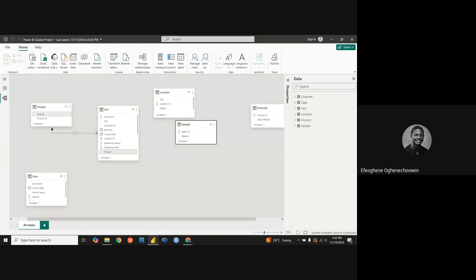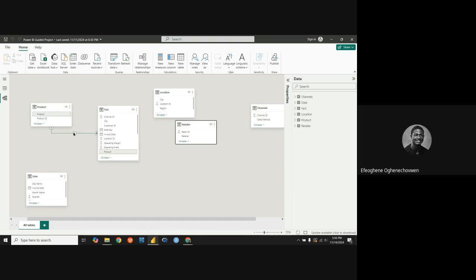This is one relationship created here, a one-to-many relationship. What does one-to-many relationship mean? We have one unique value in the dimension table, and we have multiple occurrences of that value represented by the primary key in the fact table. That's why it's called one-to-many, just for emphasis.